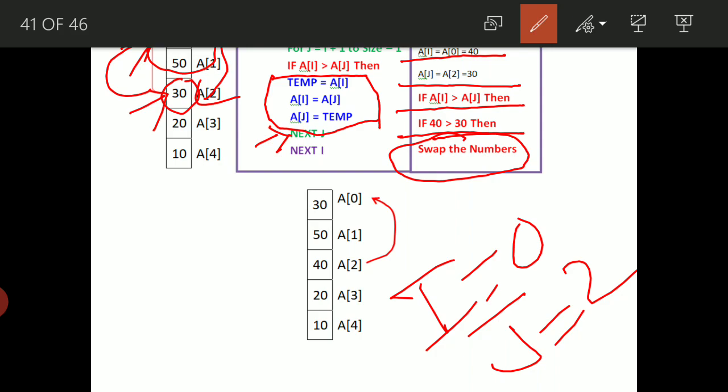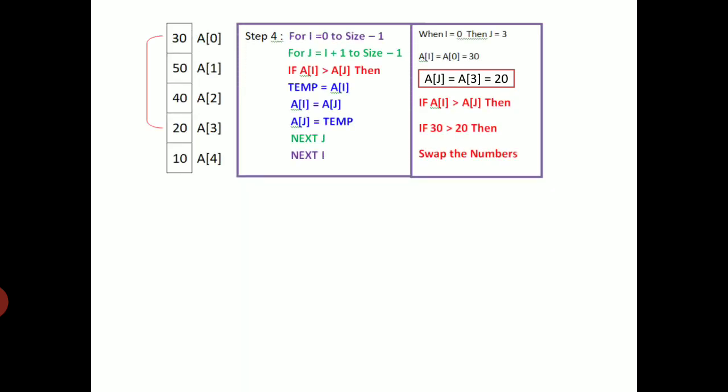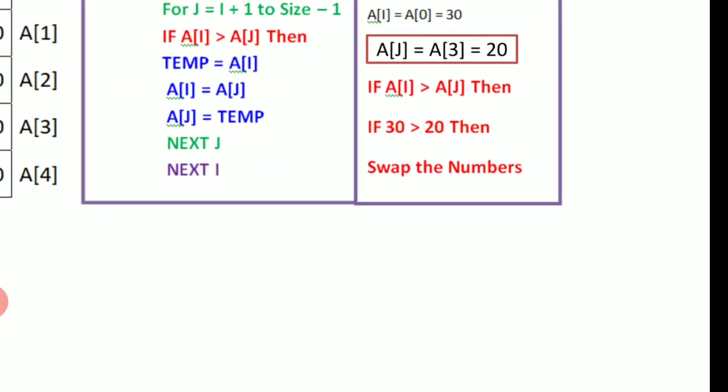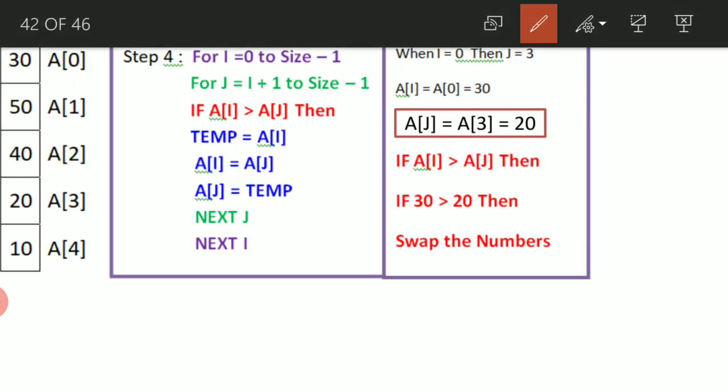Yes, it is between the 30 and 20, because now J value is going to be incremented to 3. You can observe here, the J value is going to be incremented to 3 because of this next J. The J value will be incremented to 3 and I value remains 0.